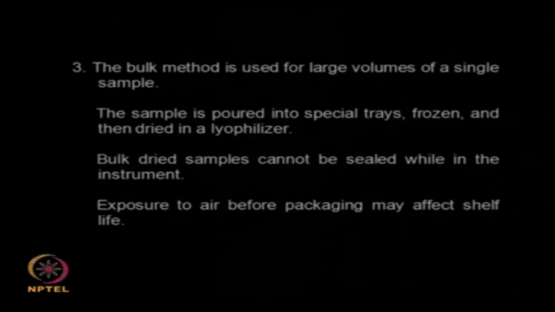You take the samples in hundreds of vials, freeze them, connect them to a manifold, apply vacuum, slightly heat it up, so all the moisture is removed, and then you can seal the vials or flasks. So that is the advantage of that type of setup. Whereas in the tray type you can handle a large quantity of material, but some amount of exposure after lyophilization is inevitable.